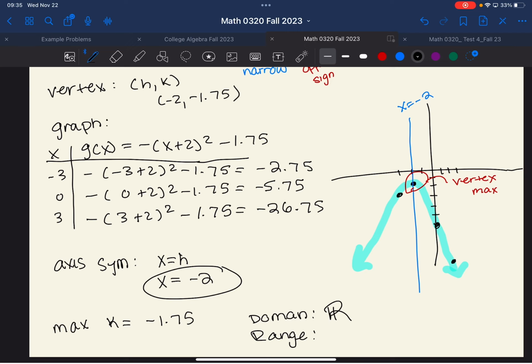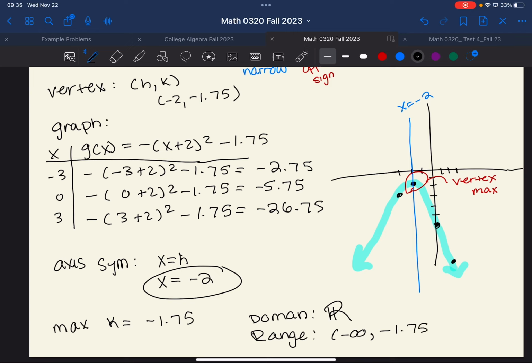So since our graph has a maximum, that means our graph is pointing down. So it's going to go towards which infinity? Negative infinity. So we have negative infinity to negative 1.75 because that's our k value.